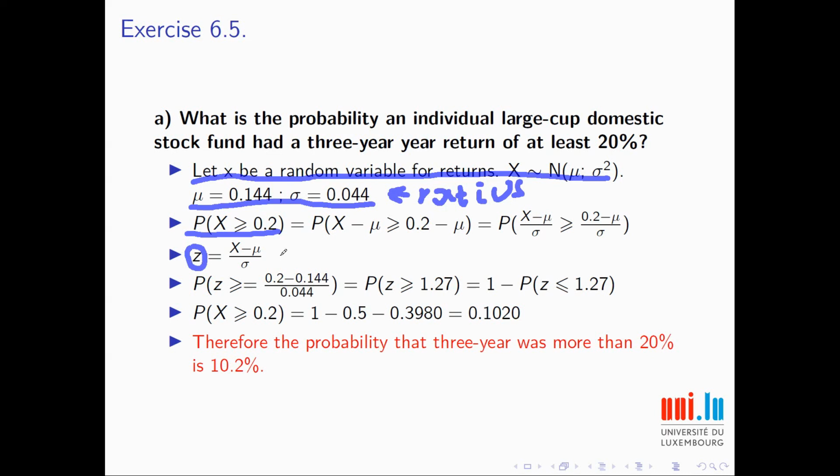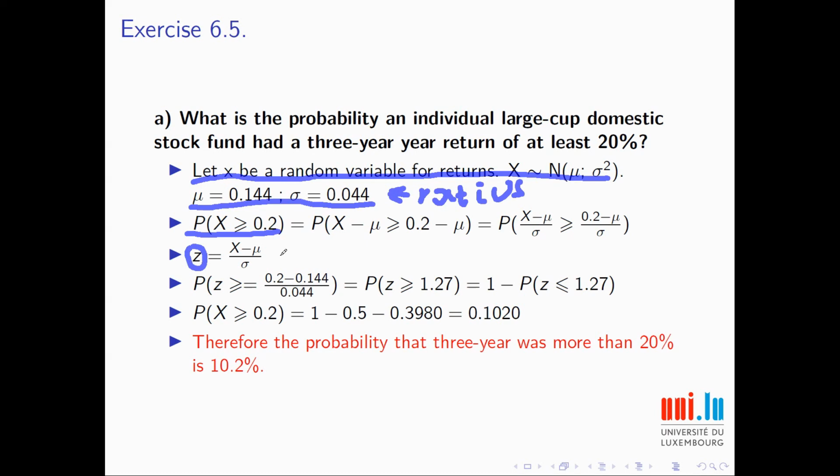And before using them, you have to derive the standard representation of your random variable.